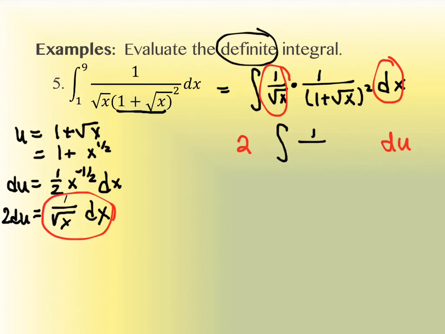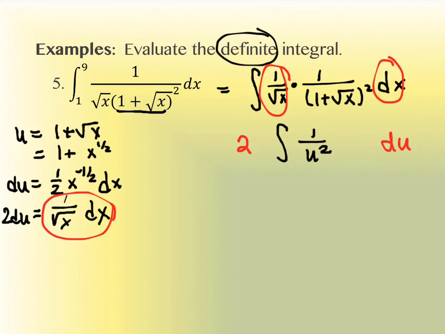What should it be? Is it u? Well, there is a u in the denominator. Is it only u in the denominator? U squared. It is u squared.